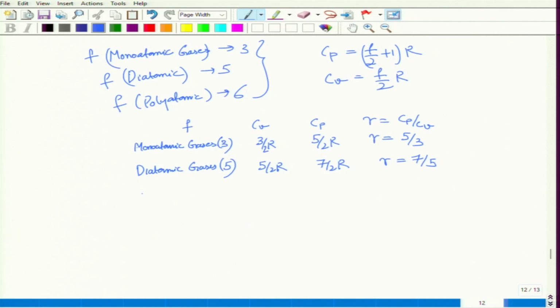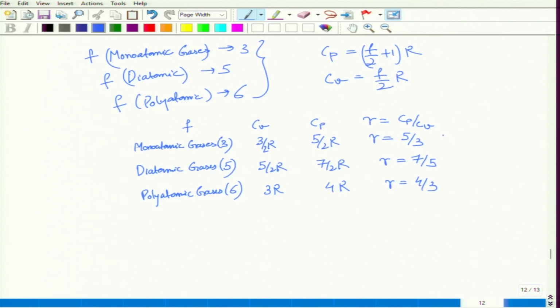For the case of polyatomic gases, it is 6, so that is 3 R and this is 4 R, so gamma becomes 4 by 3.